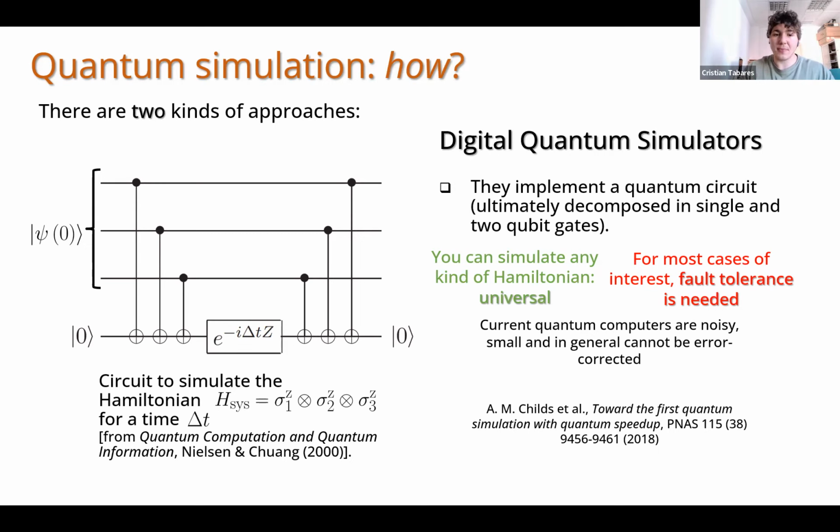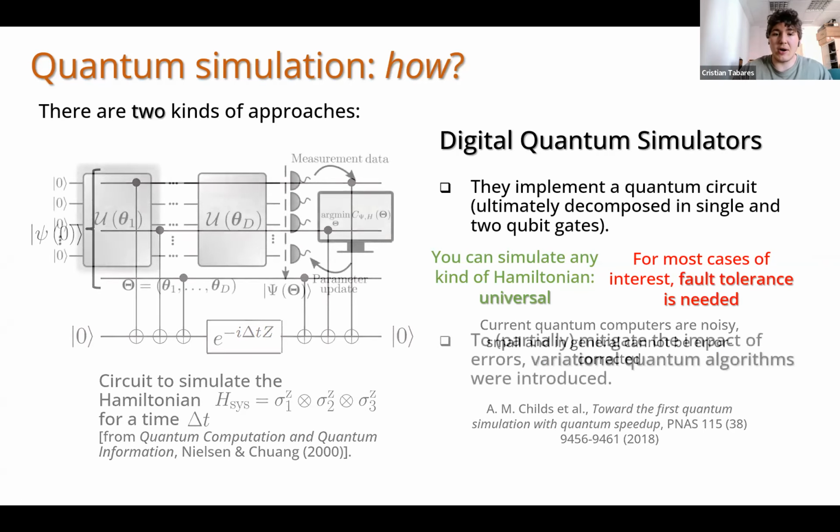Okay, so the problem is that although this type of simulator is really cool and universal, which is an amazing fact, in general we cannot be sure that the output is actually what we want to obtain due to these errors, okay, which obviously get accumulated as you increase the circuit or the system size or whatever.